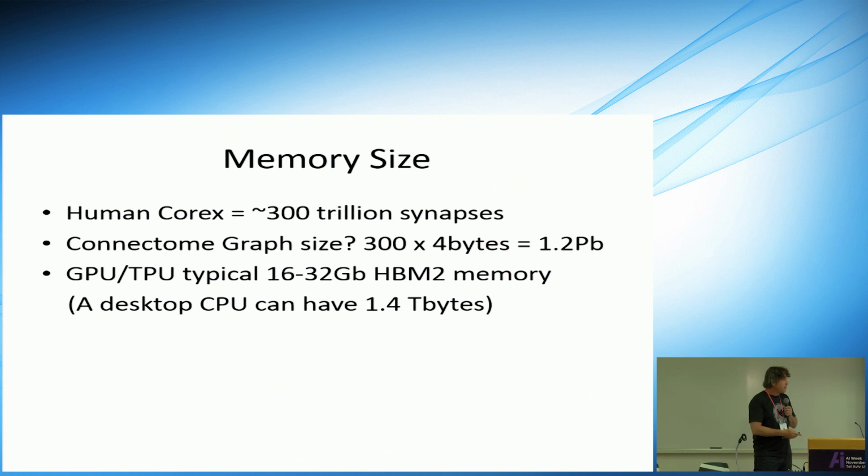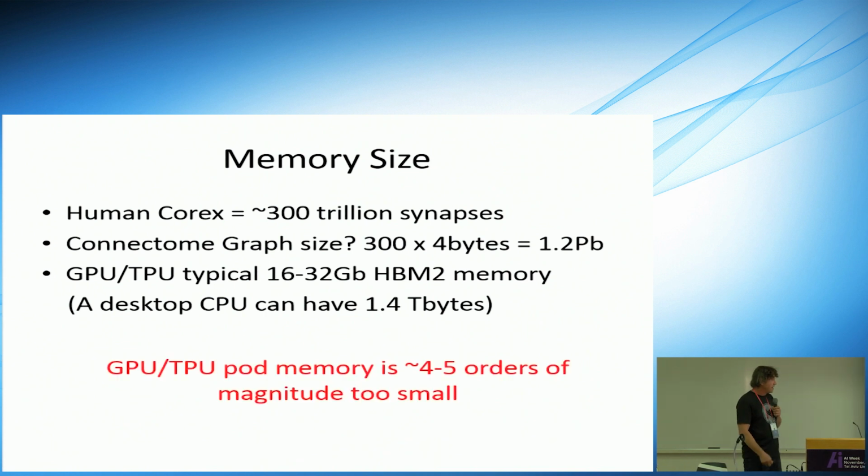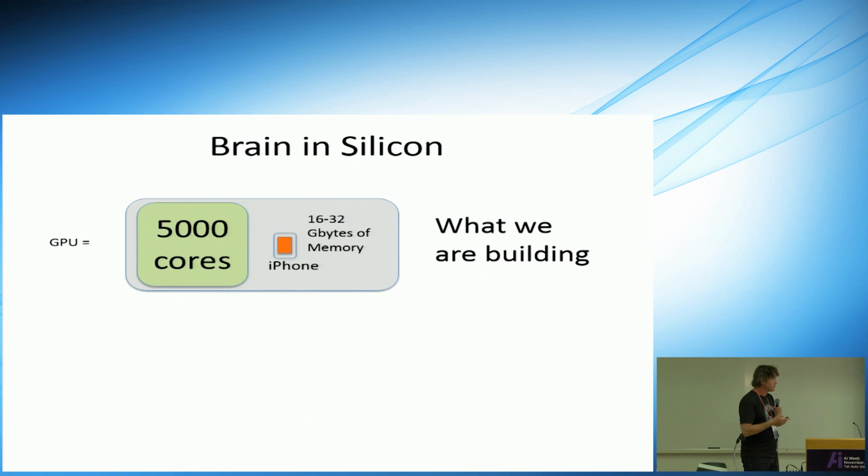And so if we think about this, when I think about the GPU or TPU pod, it has 4 or 5 orders of magnitude too little memory compared to what we want. It has a lot of compute and very little memory. So small models, and we apply to them a lot of computation.